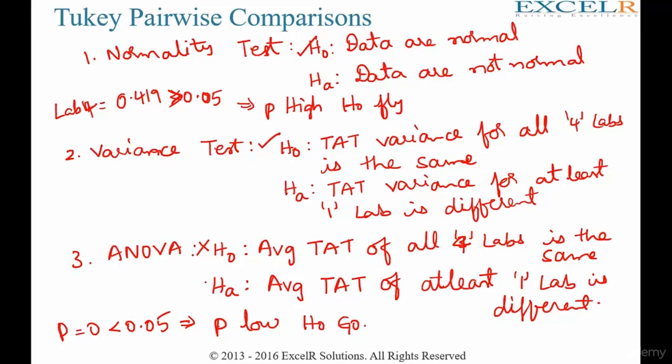And if you reject the null hypothesis, we need to proceed with this, which says average transaction time of at least one lab is different. So now the follow-up question is, average transaction time of which lab is the least? And average transaction time of which laboratory is the maximum. Now, in order to perform that, we are going to look at Tukey pairwise comparison. Let us do this.